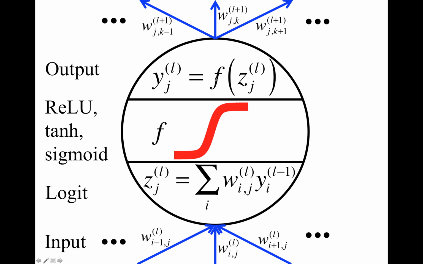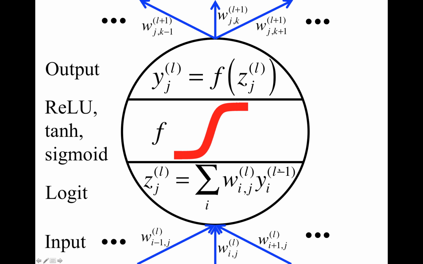So for this neuron that's at level L, its inputs can only come from the layer that's below it, L minus 1, and its output can only go into the layer that's immediately above it, level L plus 1.